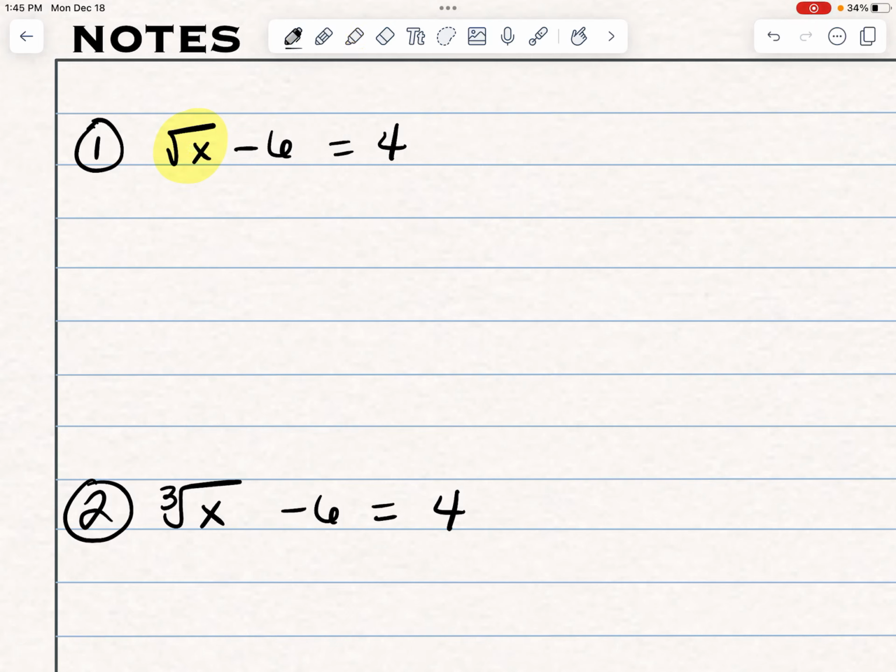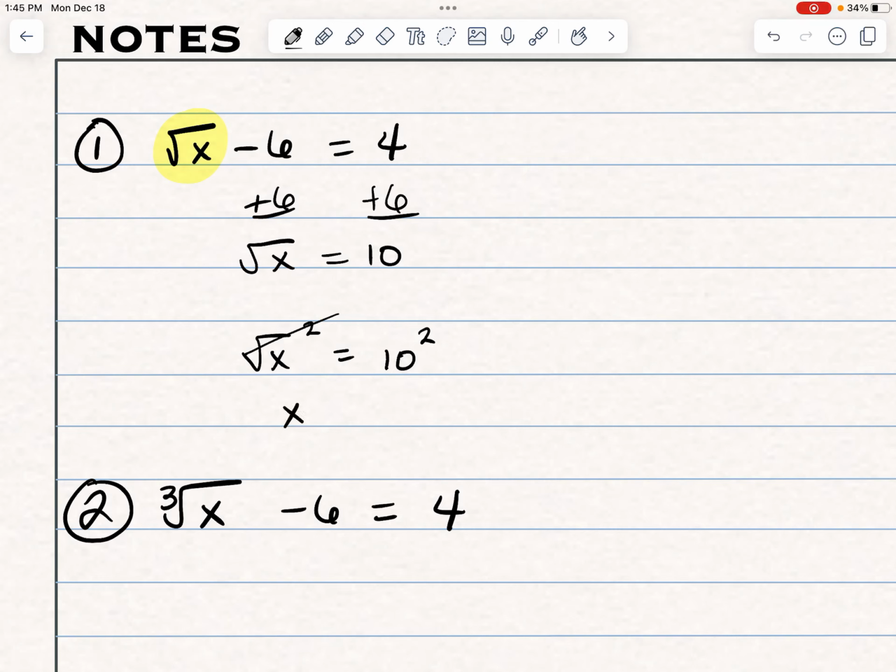So we want to isolate the square root of x. We do that by adding 6 to both sides. This will give us the square root of x is equal to 10. Now, in order to undo this square root of x, we need to raise this to the second power. And since we did that to the left side, we're going to also do that to the right side.